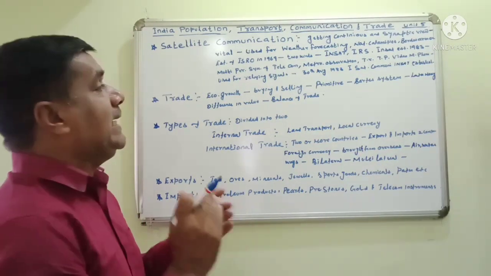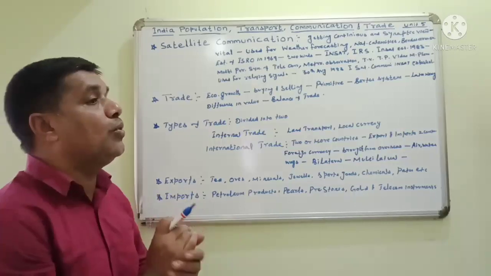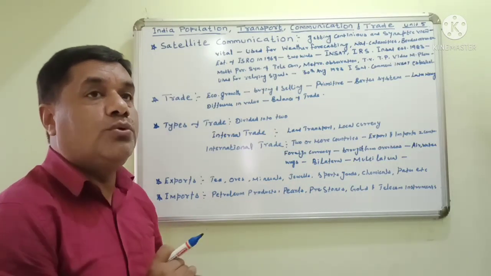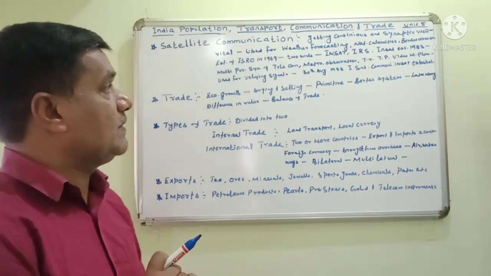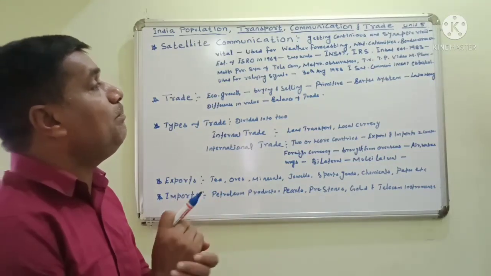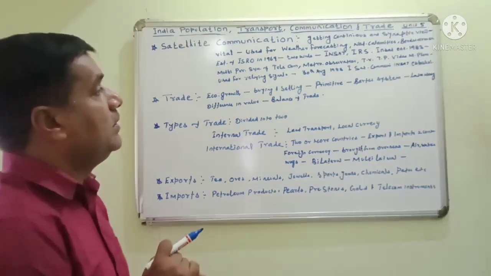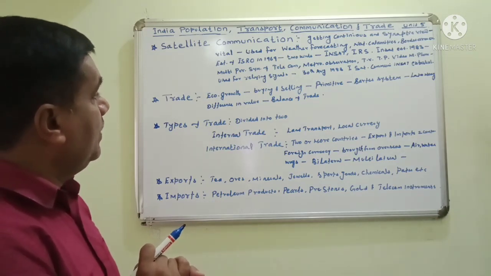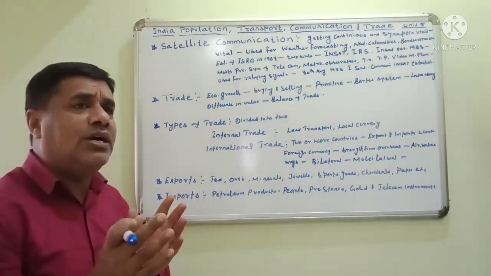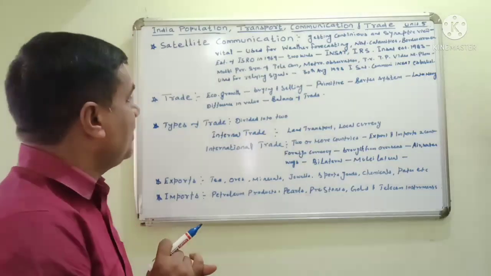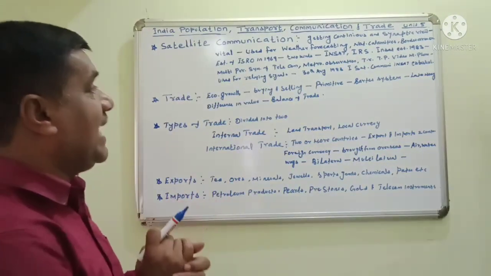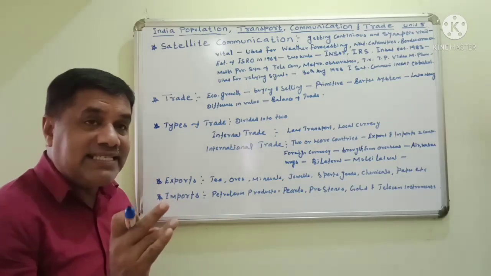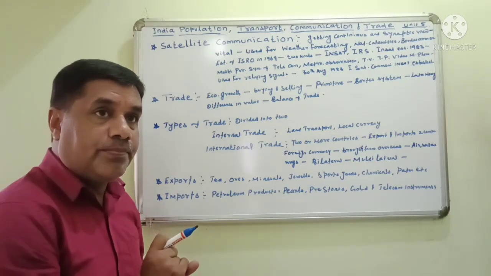Later, money played a vital role for goods and services. Money plays a vital role after the barter system. There are two kinds of difference of value.